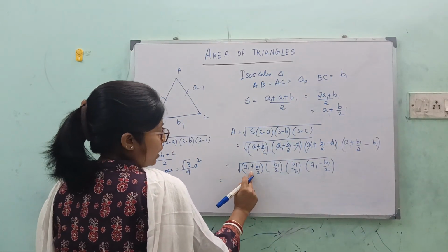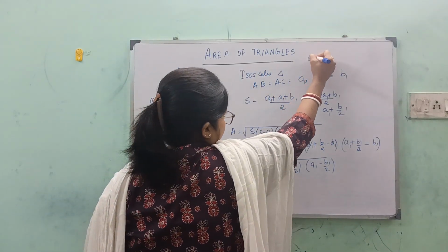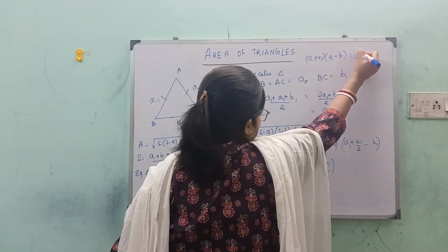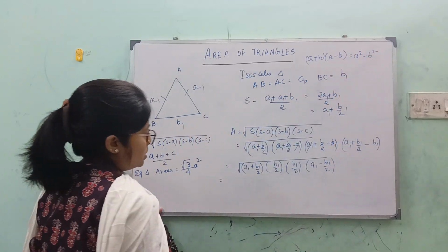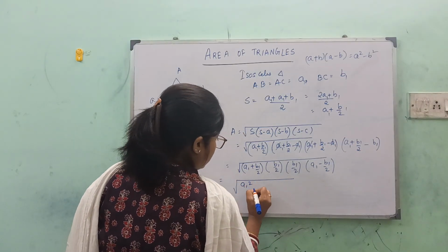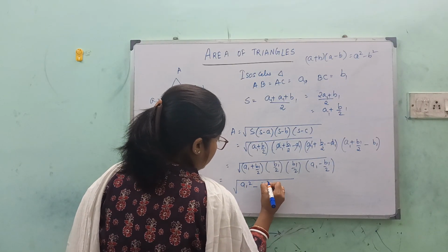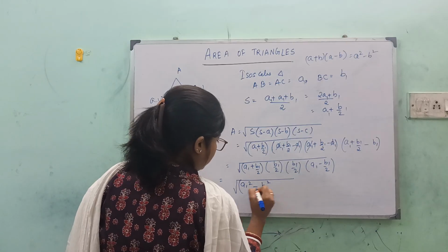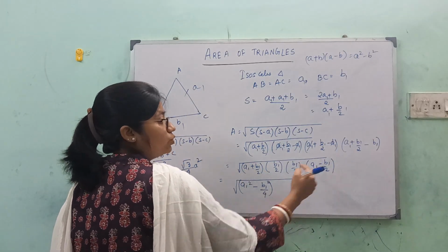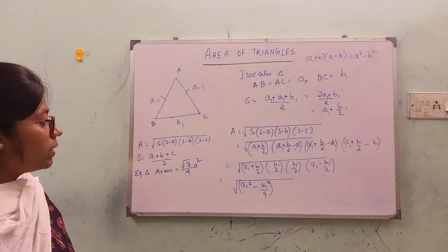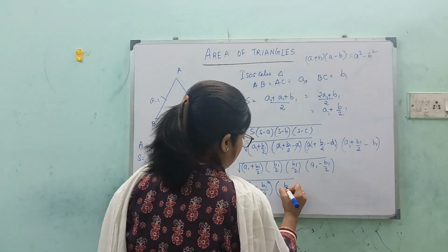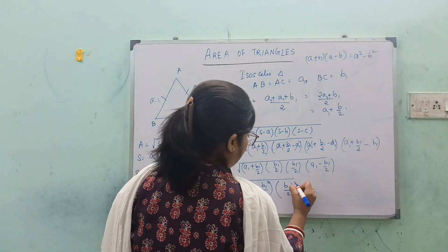Now what is the formula for (a plus b) into (a minus b)? That is a squared minus b squared, special products. So this becomes a1 squared minus b1 squared by 4, because this is (a plus b) into (a minus b), and this is b1 by 2 whole square.